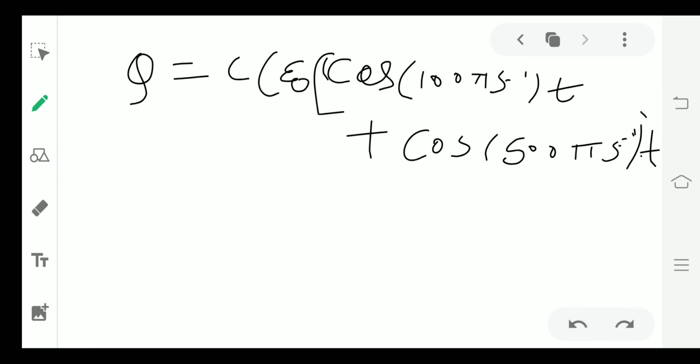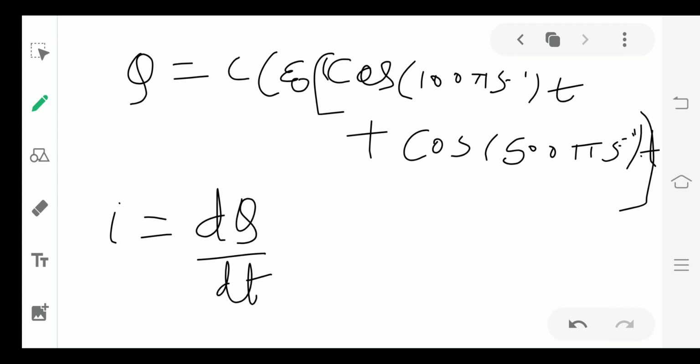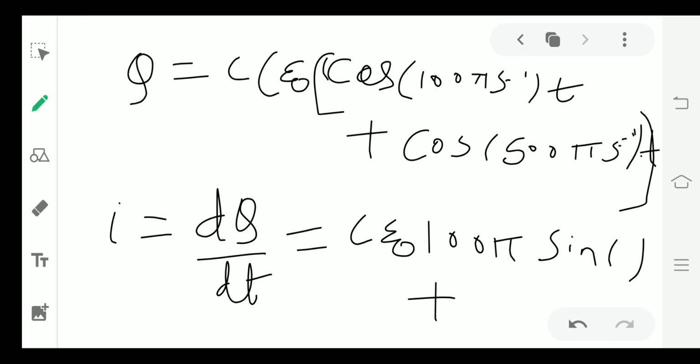E naught is the common term. Since we all know that current is equal to dq upon dt, on differentiating this we will get some terms: C epsilon naught, cos 100 pi becomes 100 pi and it becomes sine, plus C epsilon naught, from there 500 pi comes out, and sine terms in the bracket.